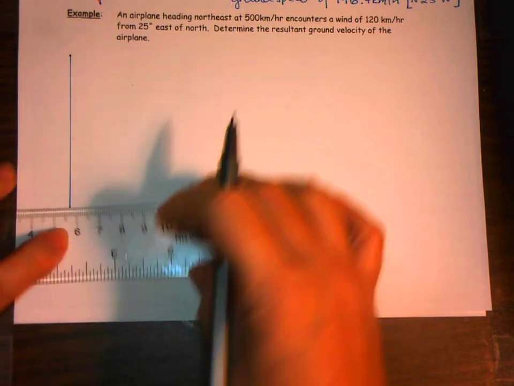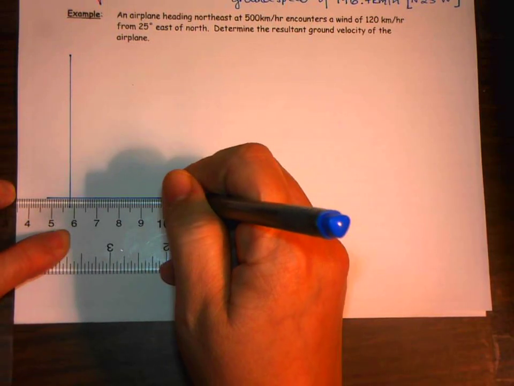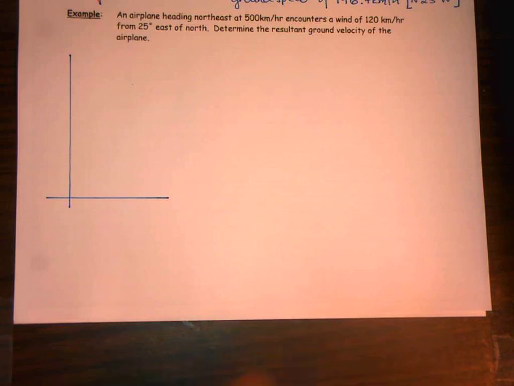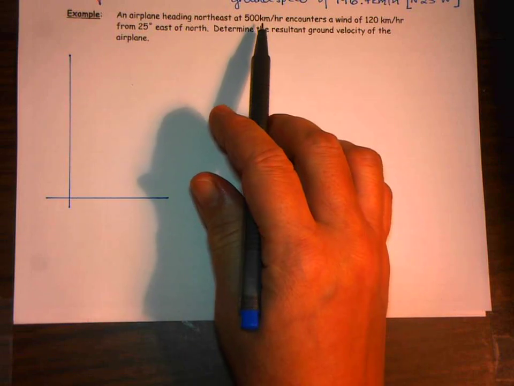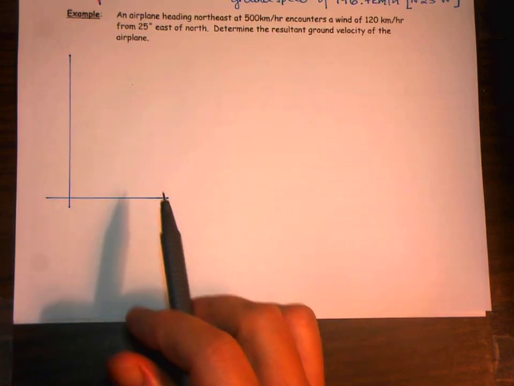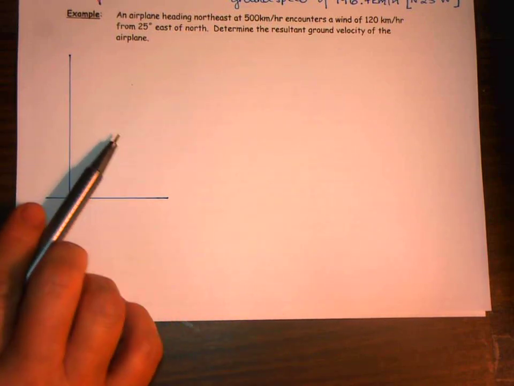Let's draw a vector diagram. See what we're working with. And this one is at 500, the other is 120, so approximately 4 times the magnitude of the other one. And it is heading northeast, so it's heading at a 45-degree angle.